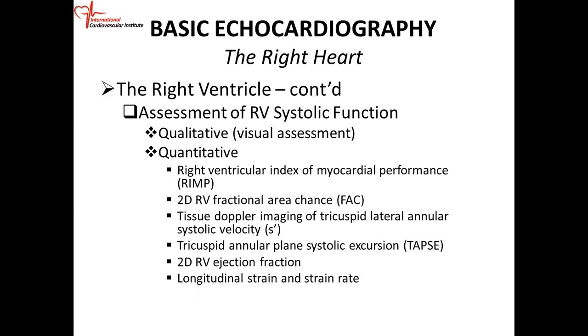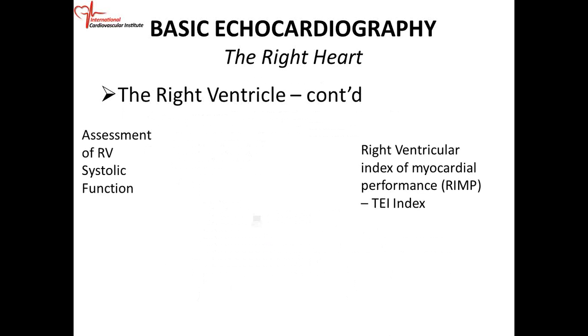So the strain is the change in length. When the heart contracts, it moves from a certain length to a shorter length, especially in the longitudinal plane, so that would be a negative change. And then in diastole, it lengthens. Then you can measure the rate of change in the length, and that's what we call strain rate. But when we do this topic, you'll get a much better understanding of that.